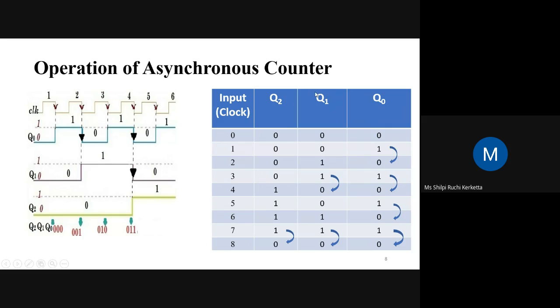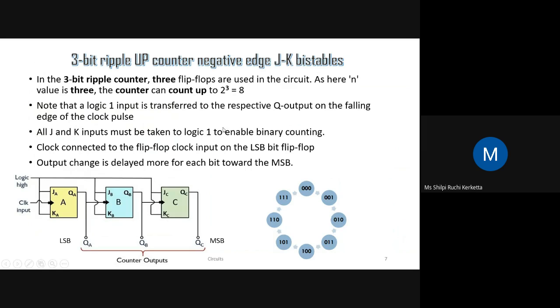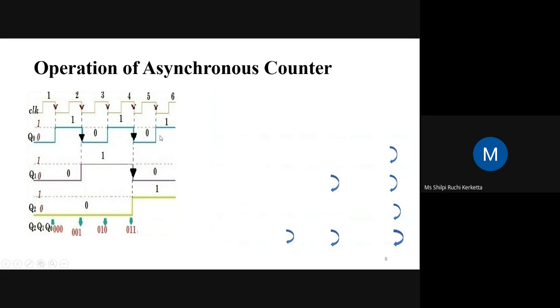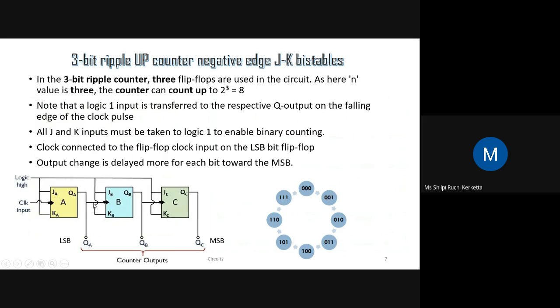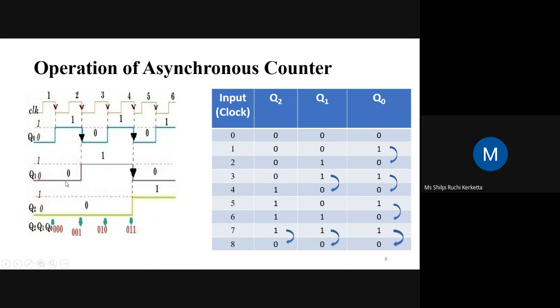So for this Q1, how is this Q1 working? You can see now in this Q1 there are two zeros and two ones. So if we use this as the clock, the counting will become the same. So for the second flip flop, we are taking this output as the clock.